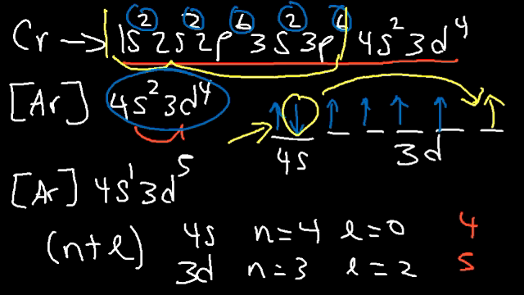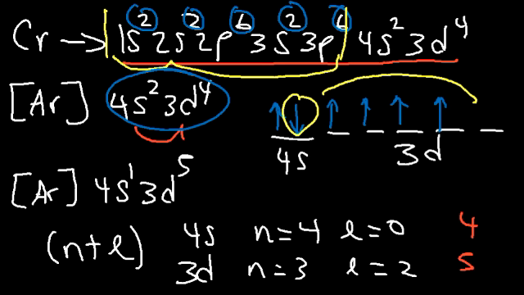There's more stability gained by going into the 3d sublevel than the stability that's lost by jumping into a higher energy sublevel. And so that's why the electron jumps into the 3d sublevel. It wants to be unpaired rather than being paired. It's more stable for an electron to be unpaired than paired. Electrons prefer to have their own rooms.